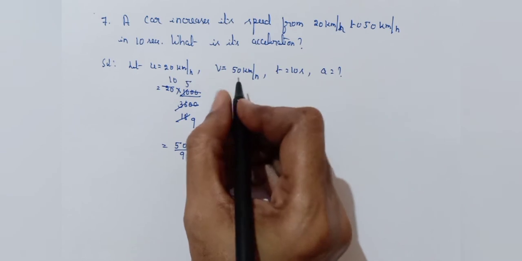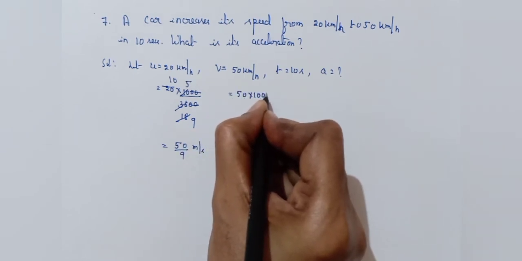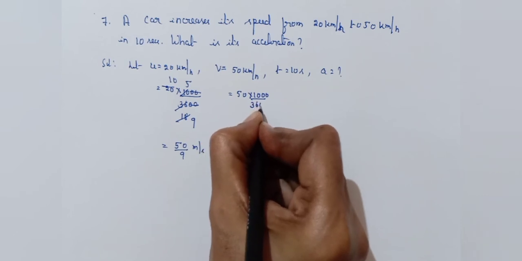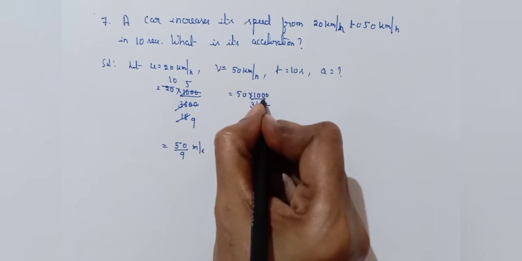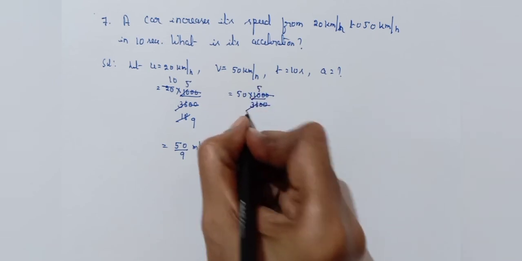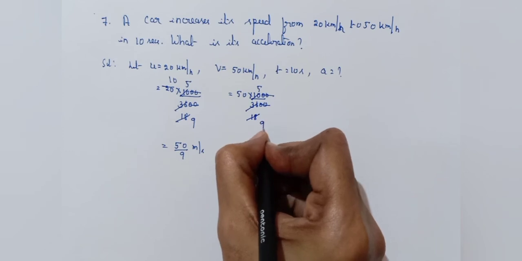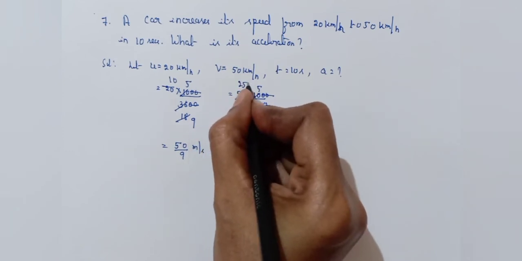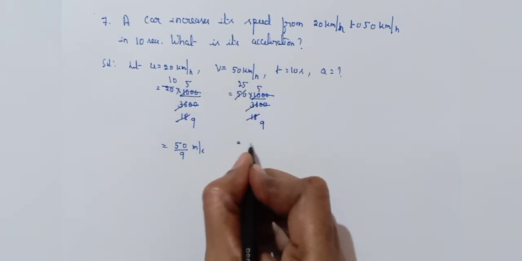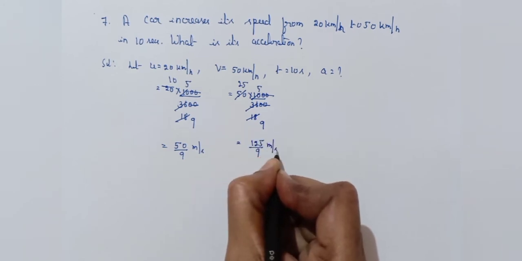Then the final speed, that is 50 into 1000 by 3600. Cancel this 0. Again 2 5s are 10, 2 18s are 36. Next 2 9s are 18, 2 25s are 50. 25 into 5 is 125 by 9 meter per second.